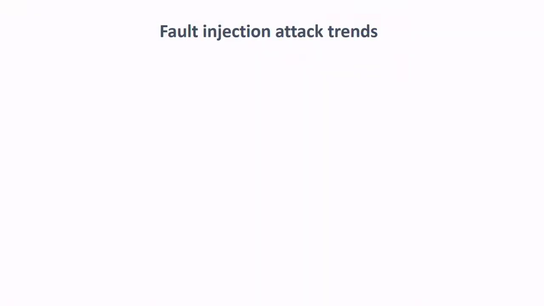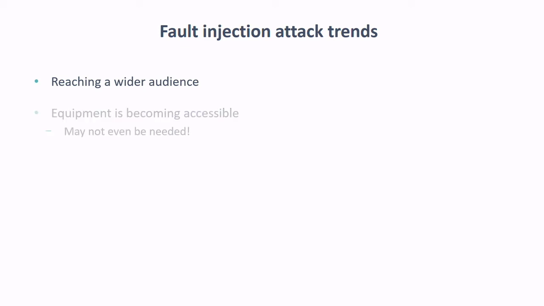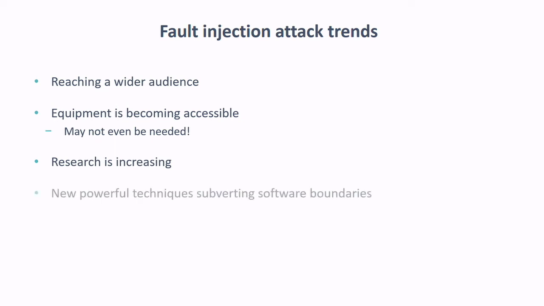We're going to finish our presentation by saying that these attack trends from fault injection are actually reaching a wider audience. The equipment has become more accessible, research is increasing, and the techniques that we are discussing here allow you to completely subvert software security boundaries, which seem to be completely secure from a software point of view.